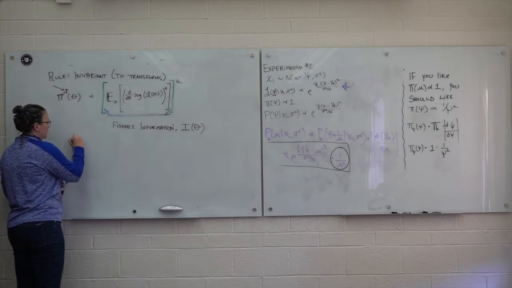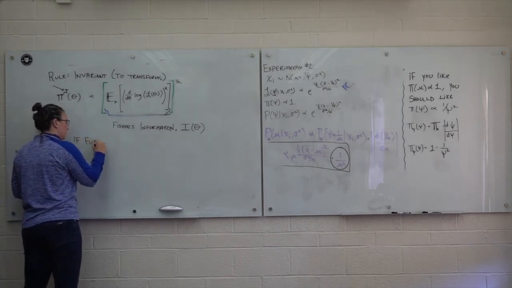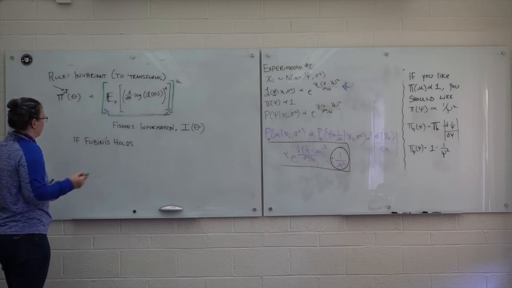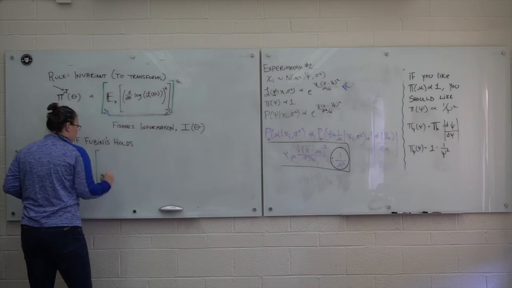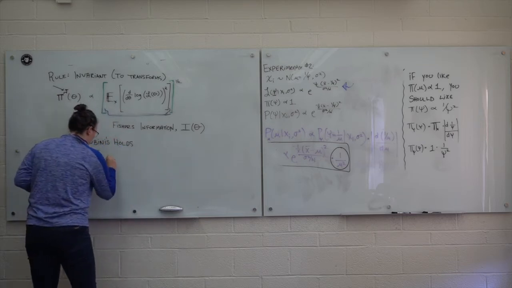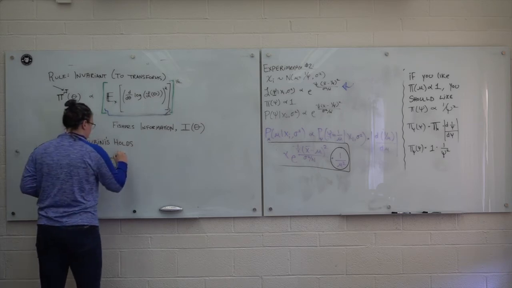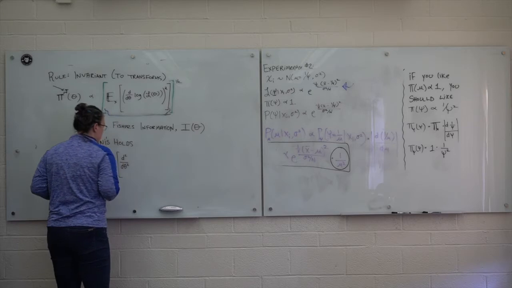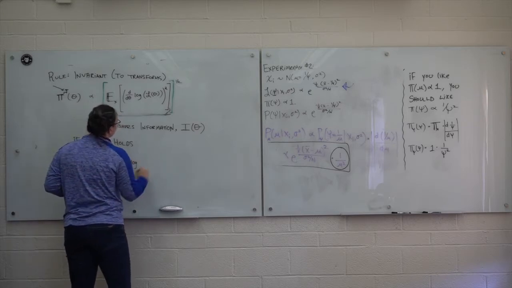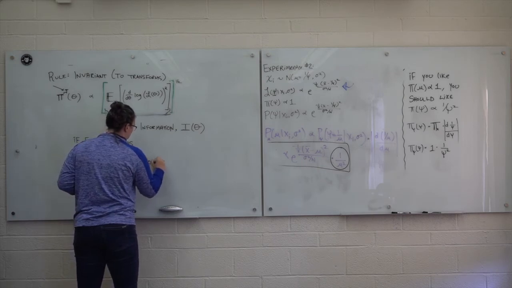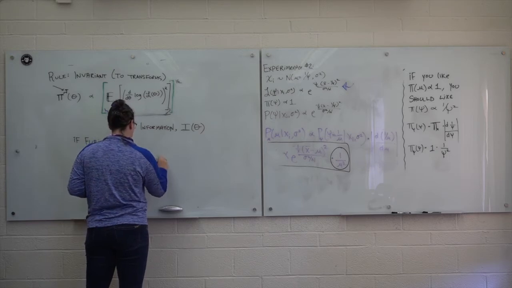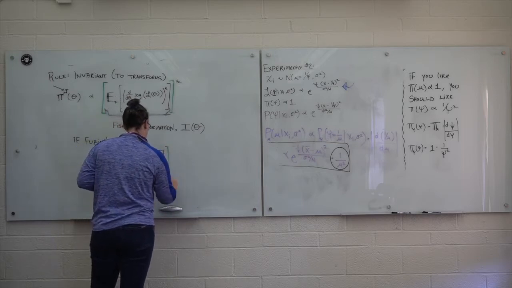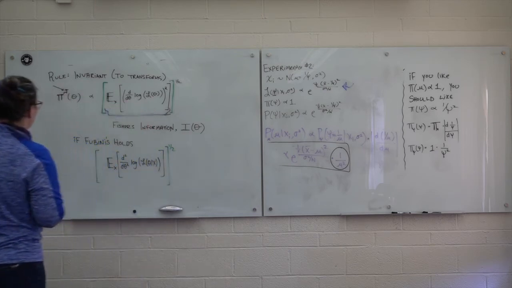So, if a certain property, which is Fubini's, holds, then this statement up here is equivalent to the expectation over x of the second derivative of the log likelihood of theta, given our data. Boom. One half.